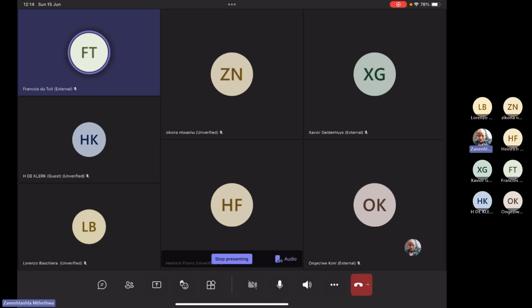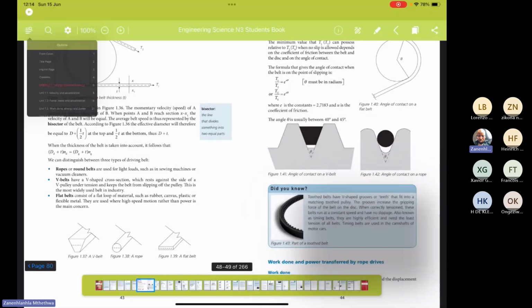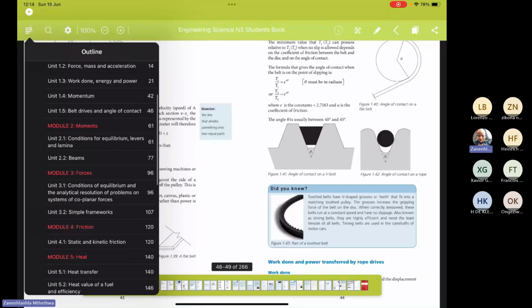I just need to decide if I'm going to squeeze in a bit of heat as well. All of this I will decide this week. One thing for sure though, module 3 will be there. Module 3 is forces.